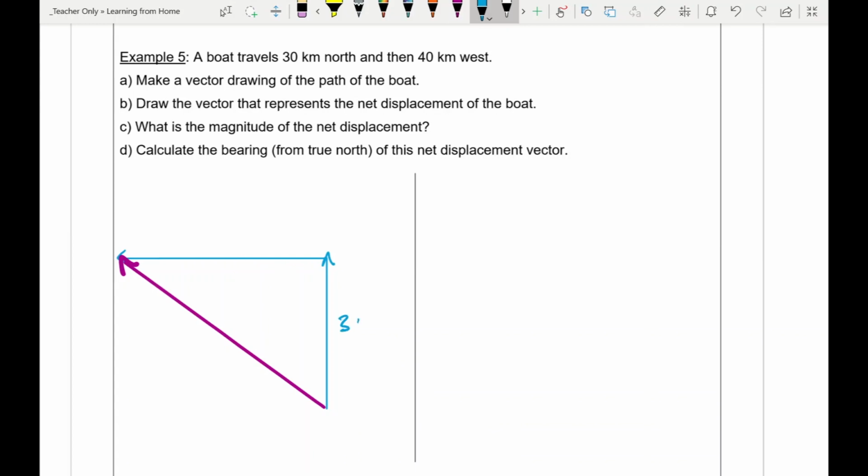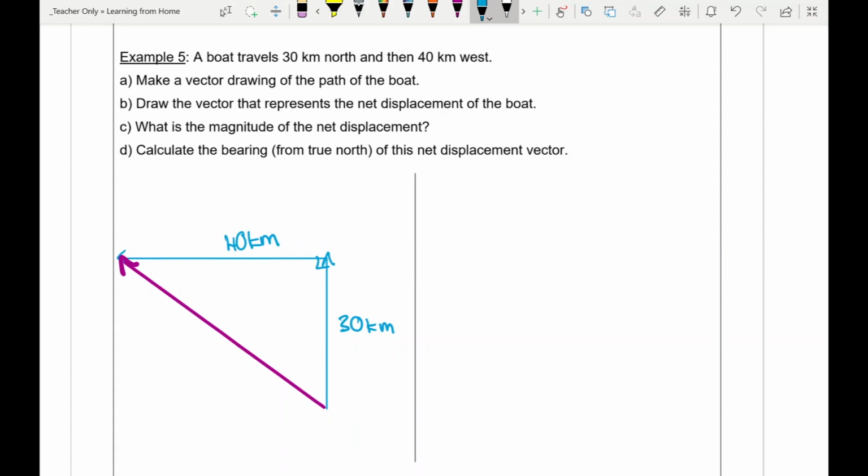Well, we'll notice that these two distances, north and west, are at 90 degrees to each other. So this triangle that we've created is a Pythagorean triangle. And more important than that, it's actually a Pythagorean triad. We've got a 3, 4, 5 triangle here.